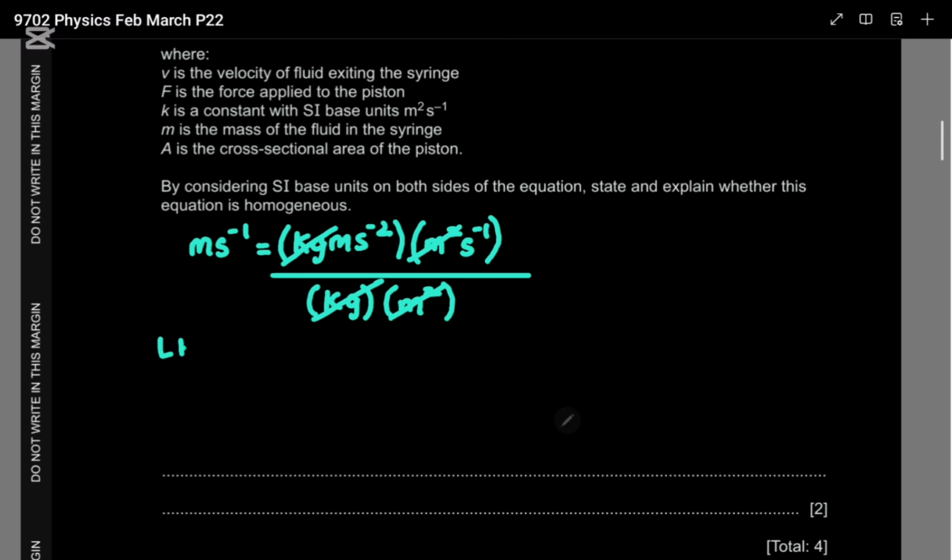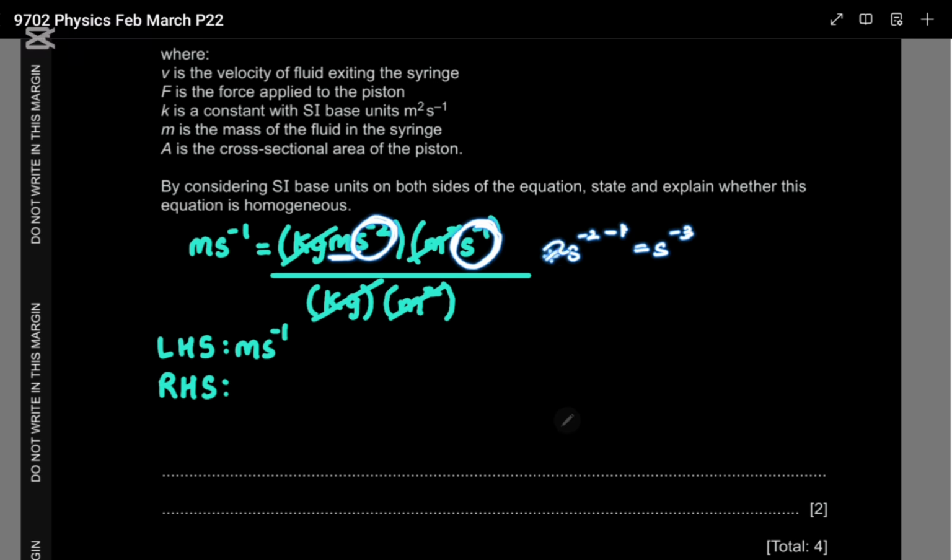So the left hand side stays as it is, okay? Meters per second. Whereas the right hand side simplifies to, see, there's meters, okay? And this second to the power of minus 2 and second to the power of minus 1. So we can add the powers, okay? S minus 2 minus 1, this becomes S minus 3, okay? Because they are like terms, okay? So I hope you get this. So this becomes meters second to the power of minus 3.